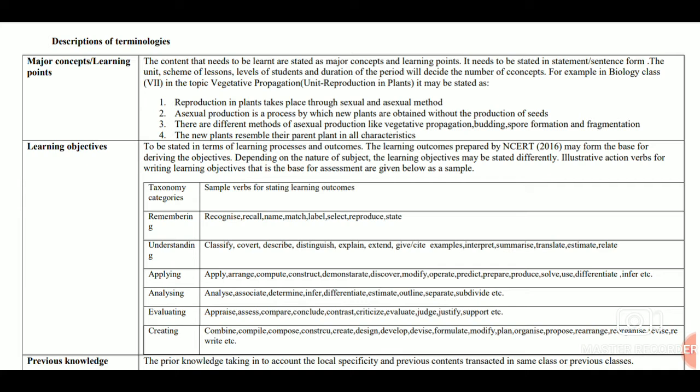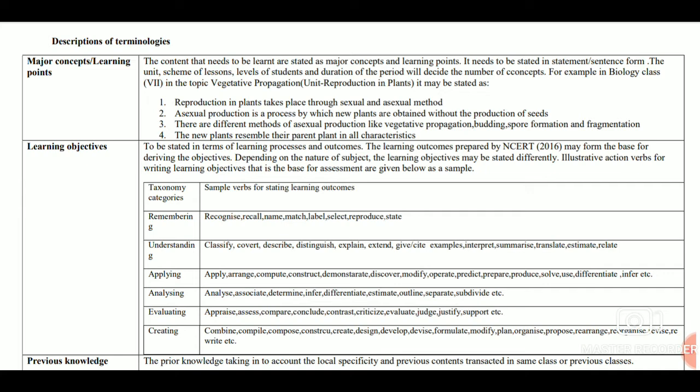For example, here they have given some examples from the topic vegetative propagation, and they have presented four major concepts. First one is reproduction in plants takes place through sexual and asexual methods. So this is the major concept that is going to be transacted in the class that day, or we can say that is going to be learned by the learners in that particular period. That is why we say it is the learning point.